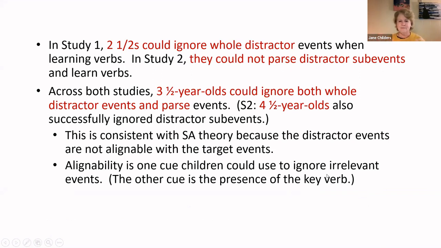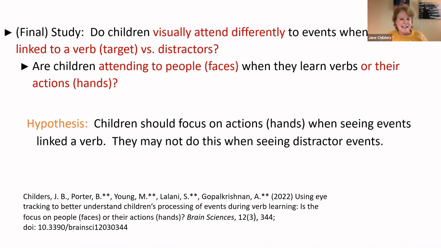It really didn't matter. Looking at development, by 2.5, they can ignore whole events that are distractors but can't parse them. Across both studies, 3.5-year-olds could ignore and parse. And of course, 4.5s can do it all. Alignability is one cue that they can use to ignore events that are irrelevant.